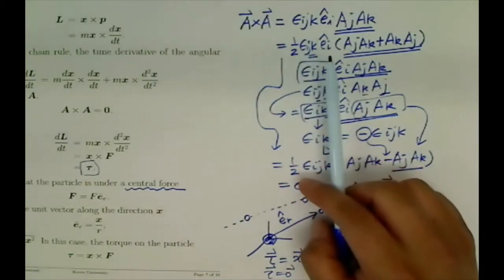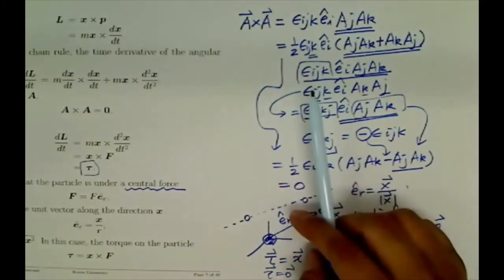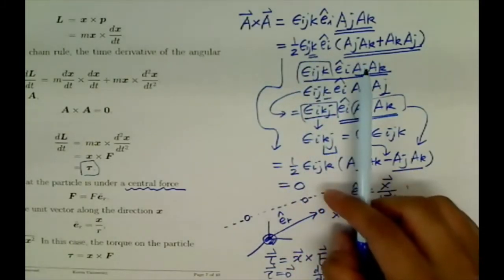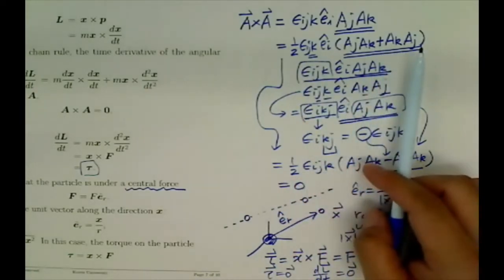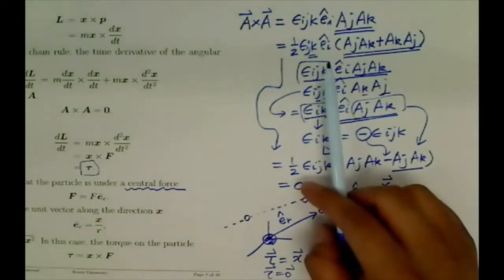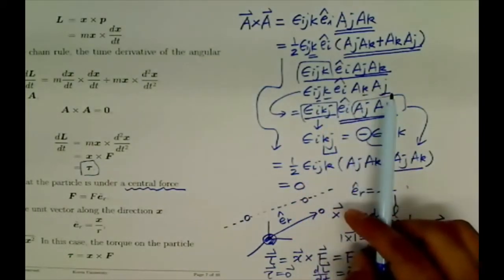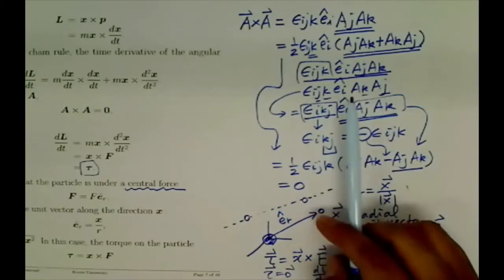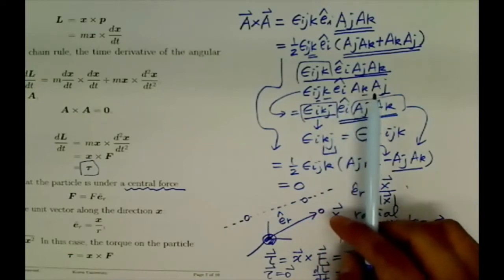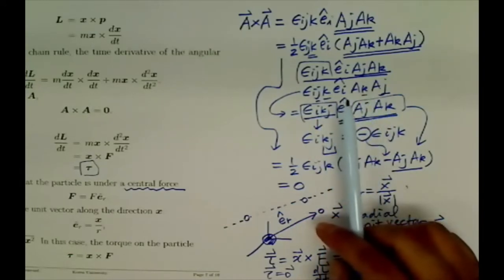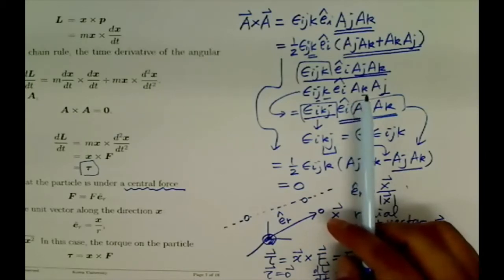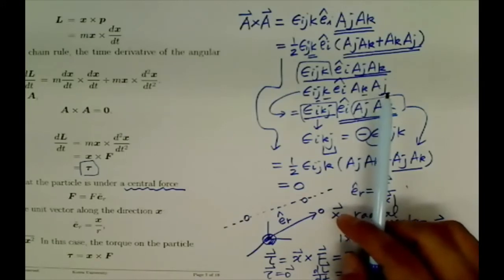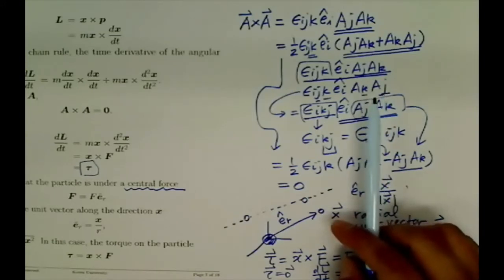I have an overall factor epsilon ijk. Epsilon ijk multiplied by the first piece is this; multiplied by the second term it is epsilon ijk e_i hat a_k a_j. As you know, i, j, k are dummy variables, which are always summed over. So I can replace k and j with j and k, and there is no difference in the final result.